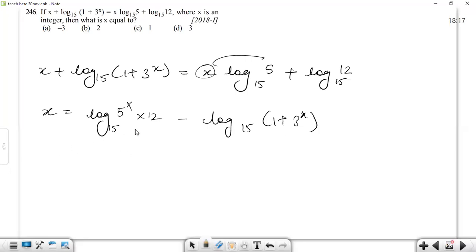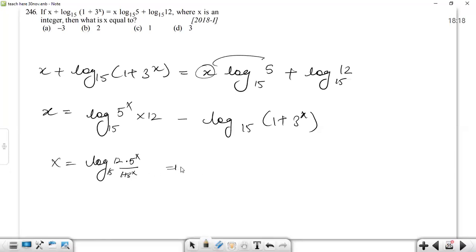So x is equal to logarithm of 12 into 5 to the power x, to the base 15. And if these are getting multiplied, they can be written in subtraction.